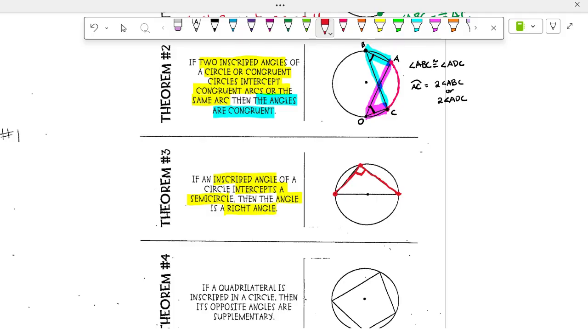We've been saying it like this entire lesson. The angle's half the arc. So why is it that if we intercept a semicircle, we get a 90-degree angle? Right, because a semicircle is 180 degrees. And if we divide 180 by 2, what do we get? 90. That's why that's true.